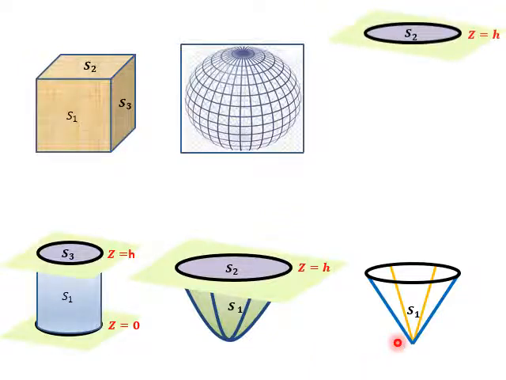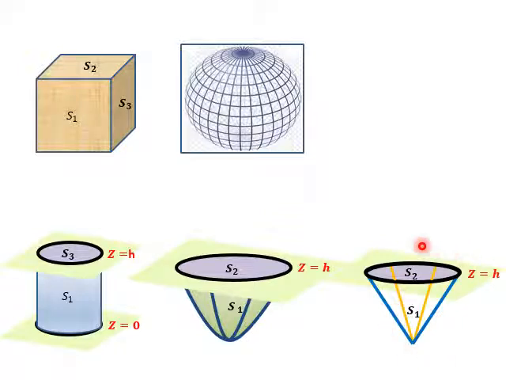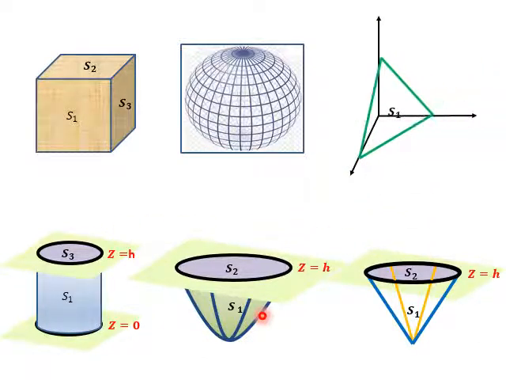Similarly, for a cone. Cone is an open surface. If we cover the cone with the top lid, it becomes a closed surface. The surfaces of cube, cylinder, paraboloid and cone are all now piecewise smooth surfaces. Similarly, the plane which has x, y, z intercepts at A, B and C is an open plane.